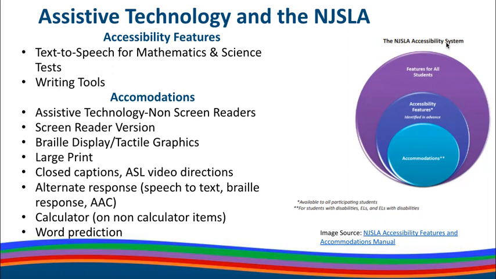Full information on accessibility features and the considerations for these particular tools can be found in the NJSLA Accessibility Features and Accommodations Manual that is also linked in the resources for this part of the professional development series.